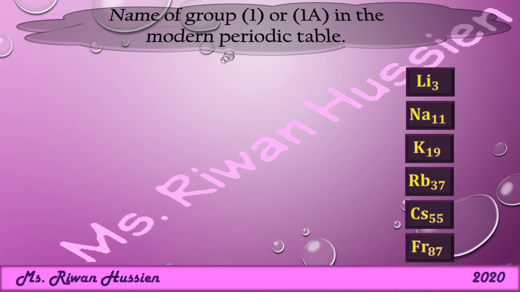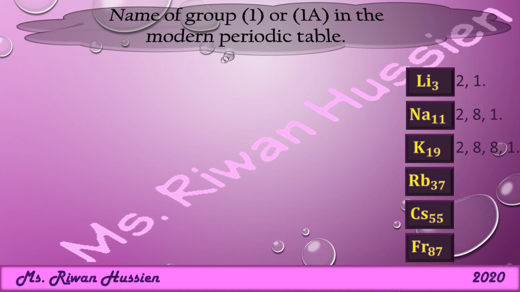If we make the electronic configuration for these elements, we will find that lithium 3 is 2, 1. Sodium 11 is 2, 8, 1. Potassium 19 is 2, 8, 8, 1.